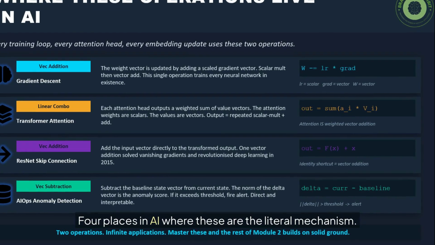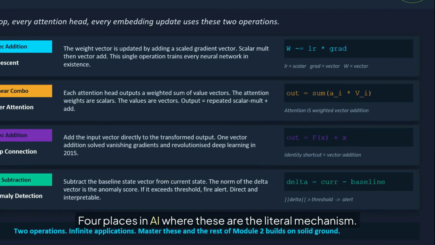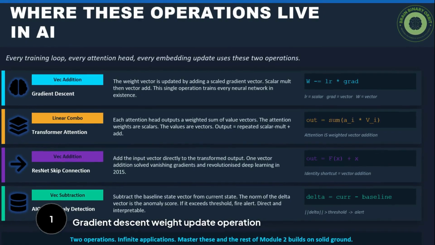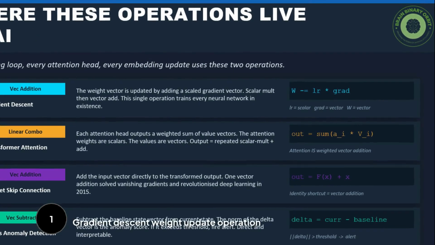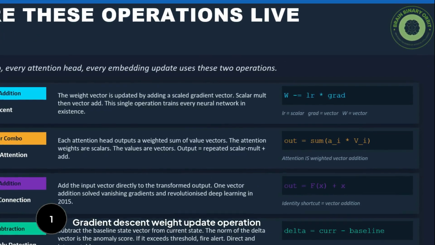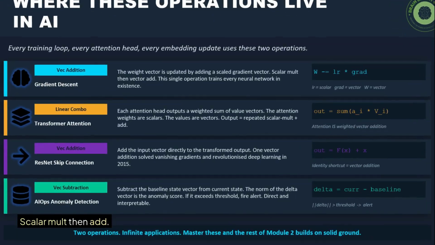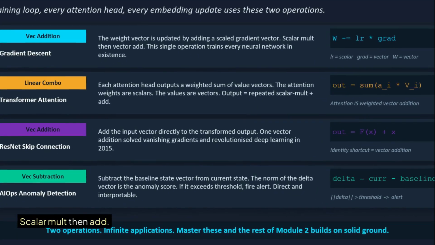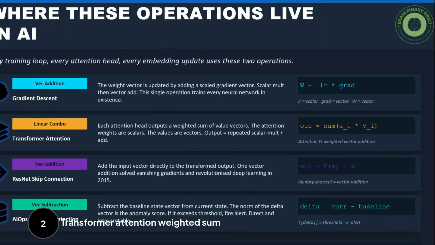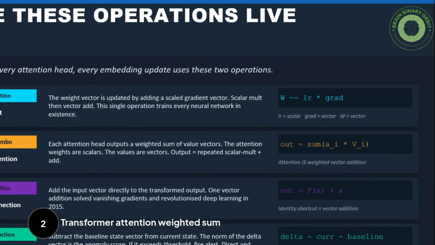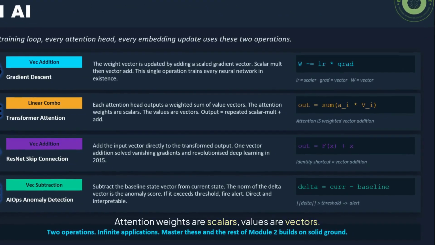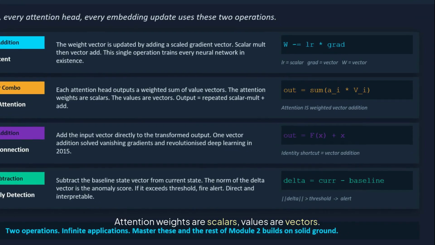Four places in AI where these are the literal mechanism. 1. Gradient descent. The weight update is new weights equals old weights plus a negatively scaled gradient. Scalar multiplication, then add. 2. Transformer attention. Output is the weighted sum of value vectors. Attention weights are scalars, values are vectors.